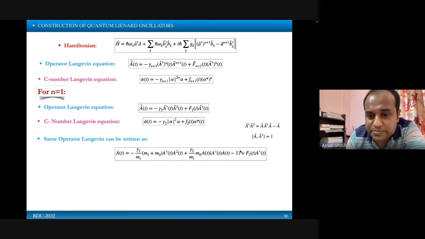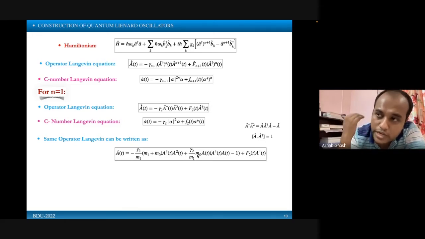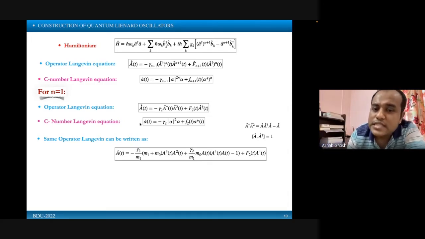The reason is, normally in quantum mechanics, this operator ordering is a disadvantageous thing, and one takes the average and goes back to the C-number Langevin equations to get rid of this operator ordering problem. But here we make use of this operator ordering problem, take it to our advantage, and derive our desired form.